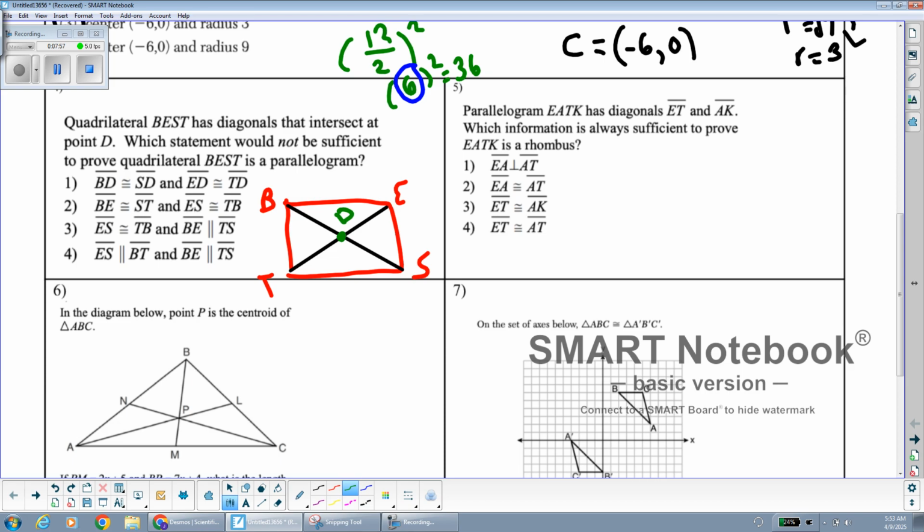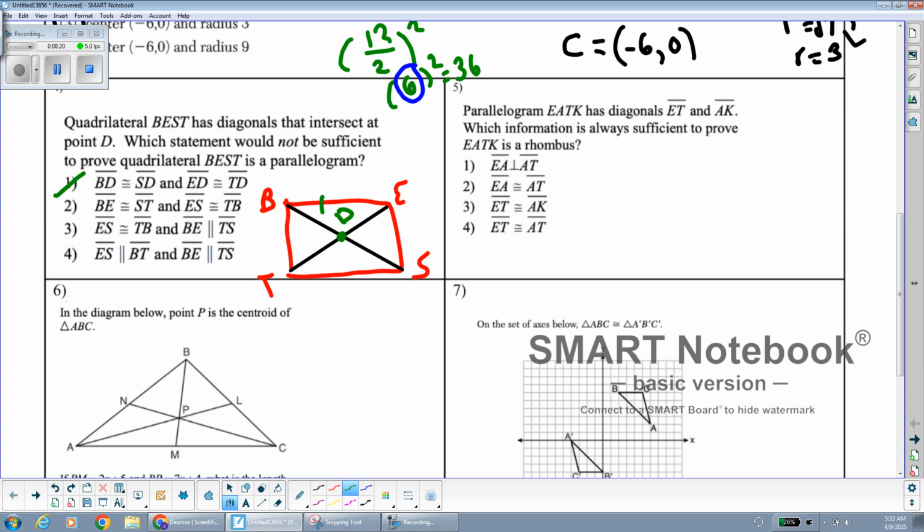Oh, sorry, BD congruent to SD. I can't read. And ED congruent to TD. This would prove that we have a parallelogram because diagonals bisect each other is a parallelogram property.